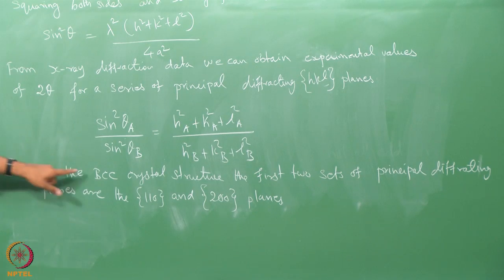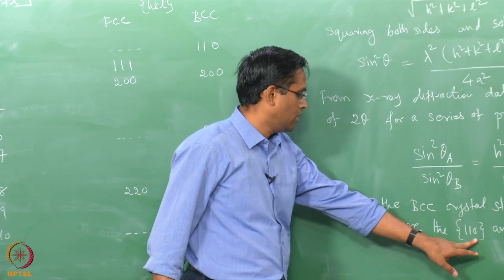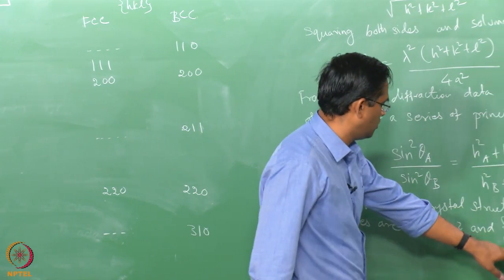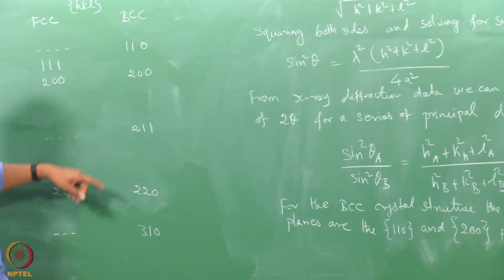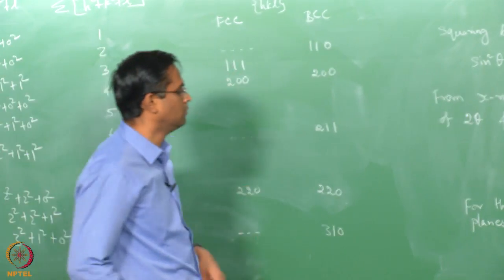For the BCC crystal structure, the first two sets of principal diffracting planes are 110 and 200, like this from this table.